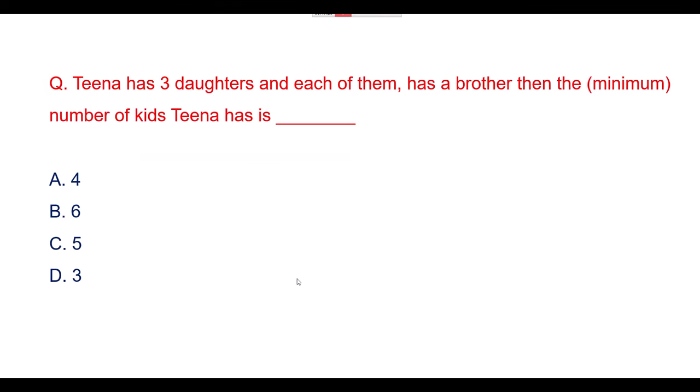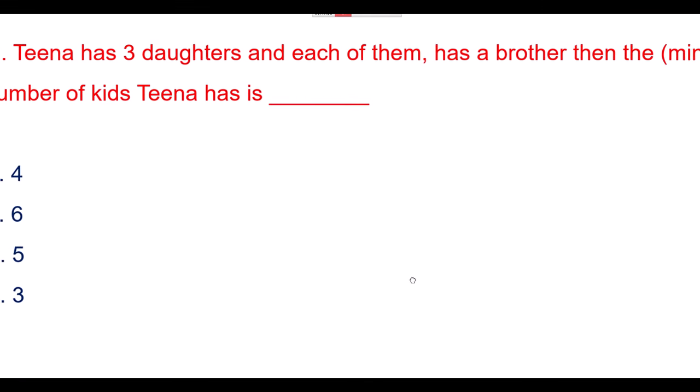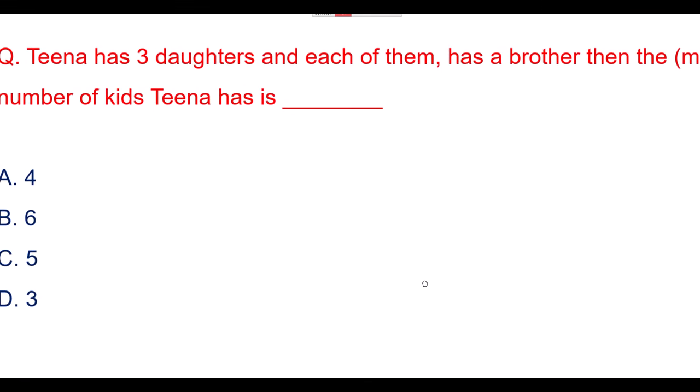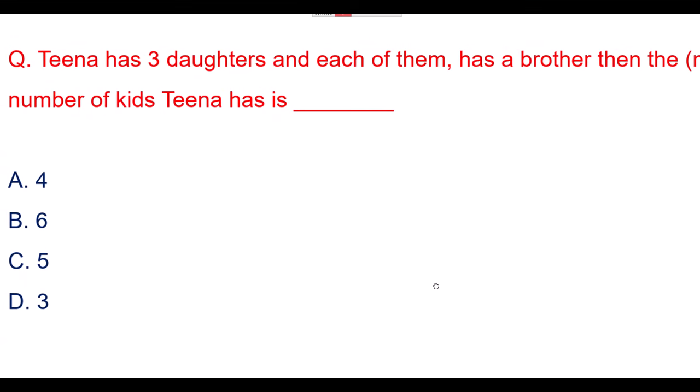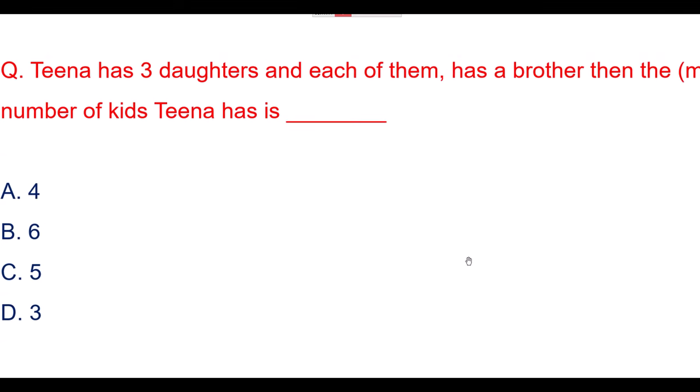Yeah, now see this question. Blood relation. Logic related. Tina has 3 daughters and each of them has a brother.